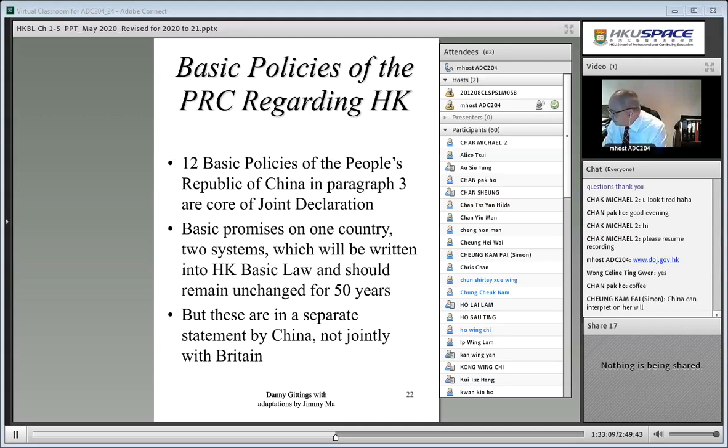And these are, remember, elaborations of the basic policies agreed between the 2 governments. The elaboration is not a joint elaboration, but only a PRC elaboration.